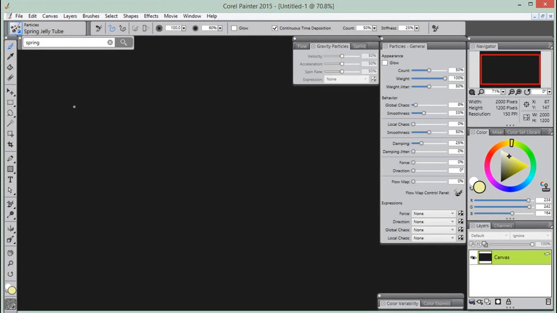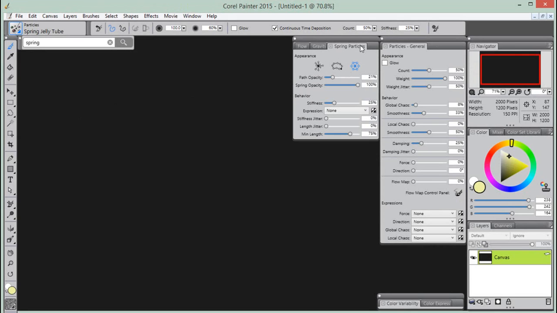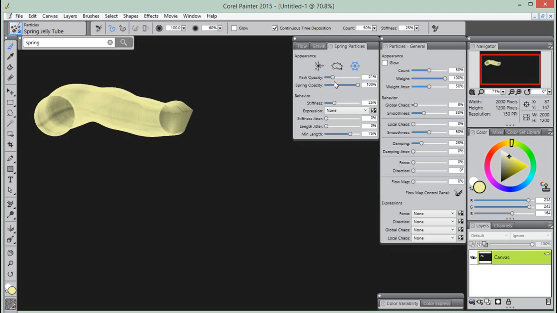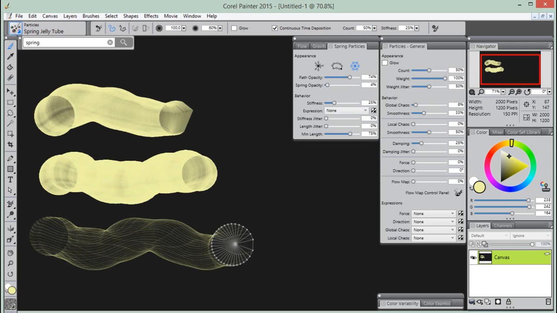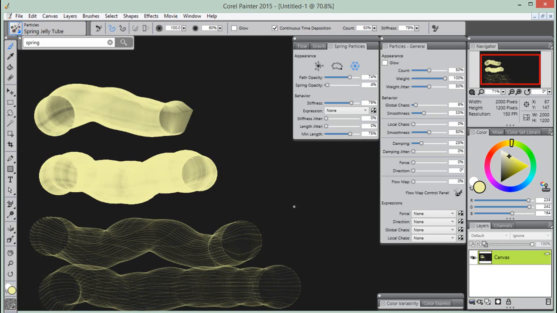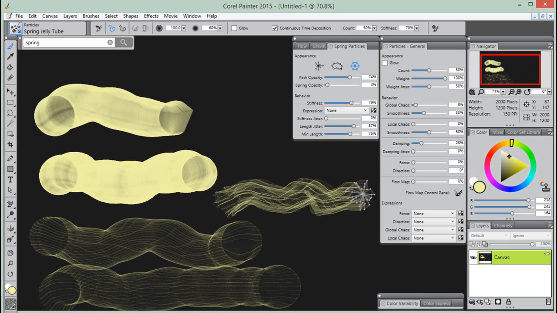You can customize spring particle brushes by using the Spring Particles control panel, which includes the appearance, path opacity, spring opacity, stiffness, stiffness jitter and length jitter, and minimum length controls.